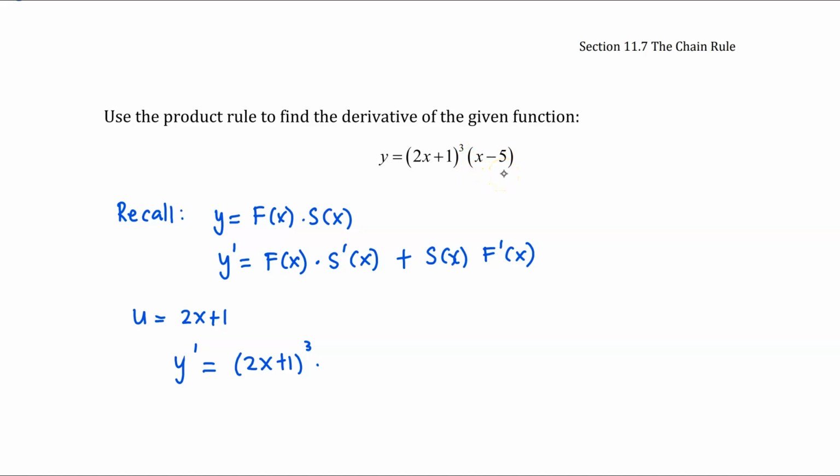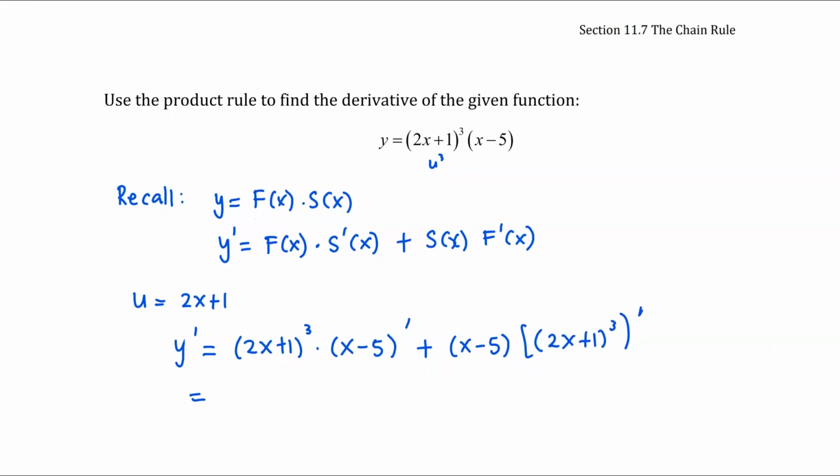So times (x minus 5) prime plus, copy the second function, x minus 5 times the derivative of the first function. Now, when you differentiate the first function, you think of the derivative of u cubed. And the derivative, so we'll just do that later. So we have (2x plus 1) cubed prime.